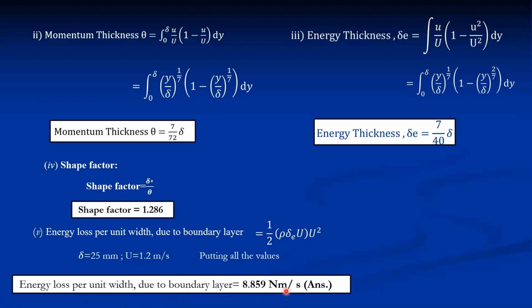So this much energy loss is there, energy per second, that is 8.859 Newton meter per second.